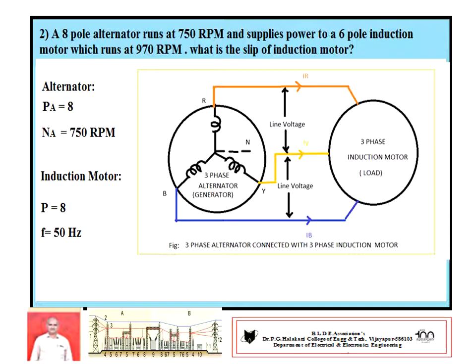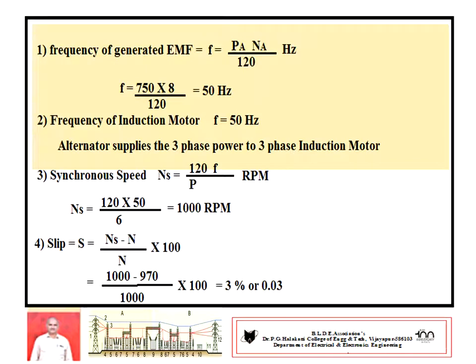Write down the data: alternator poles PA equal to 8, speed of alternator NA equal to 750 rpm, don't confuse. After that, write the induction motor data: number of poles P equal to 6, frequency of induction motor, which we again have to calculate, that should be 50 hertz. We have a standard equation, frequency of generated EMF f equal to P into N by 120.